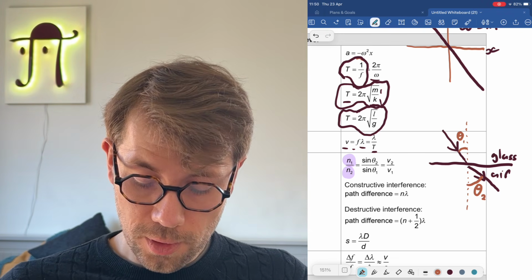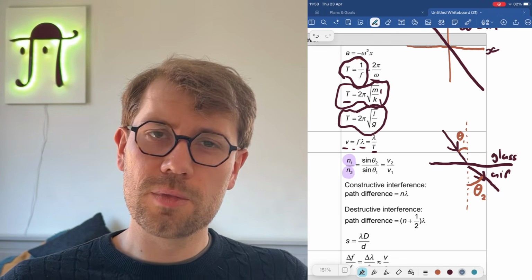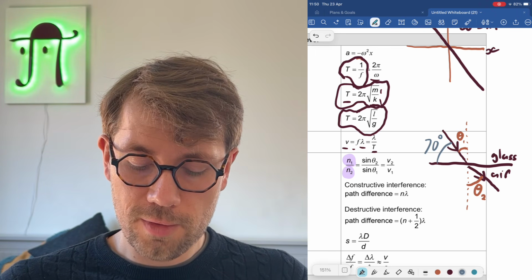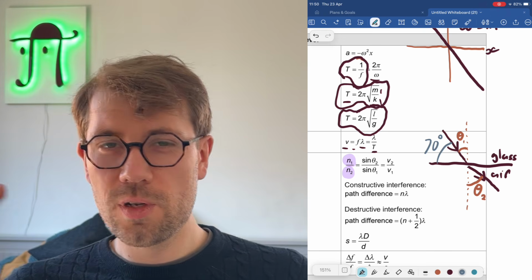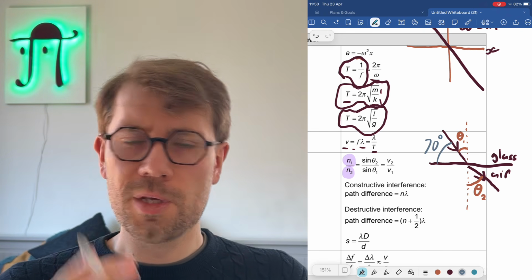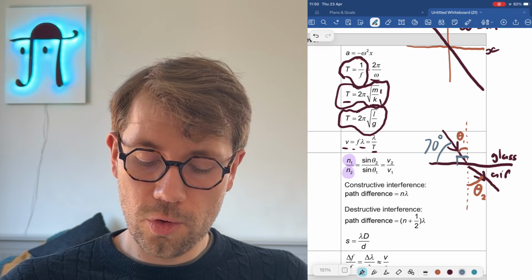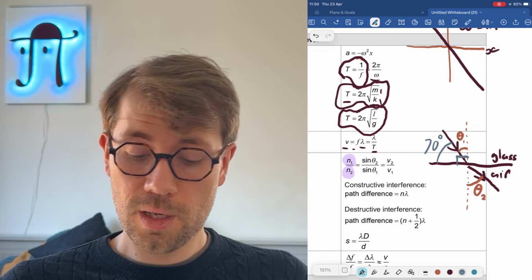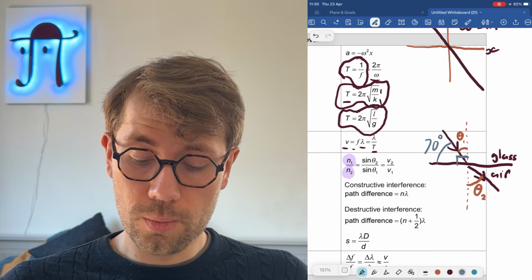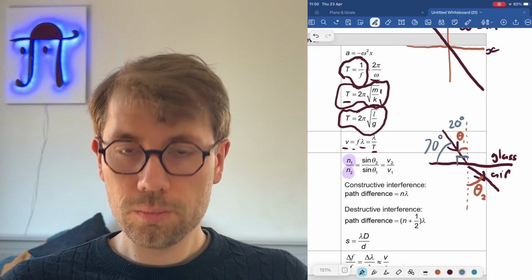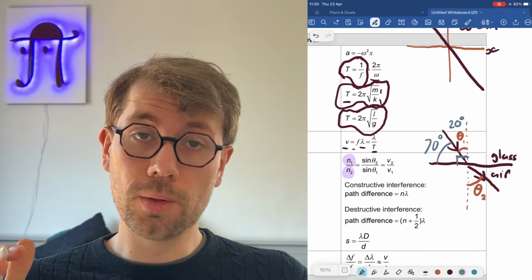Things to watch out for in the IB is sometimes they won't give you that angle, they'll give you this angle instead, and they'll say it's like 70 degrees. And then you'll be tempted to put 70 degrees into the formula, that's not the one you wanted. If you know that the normal is always 90 degrees to the surface, you can figure out that θ1 would be equal to 20. And then you'd be golden.